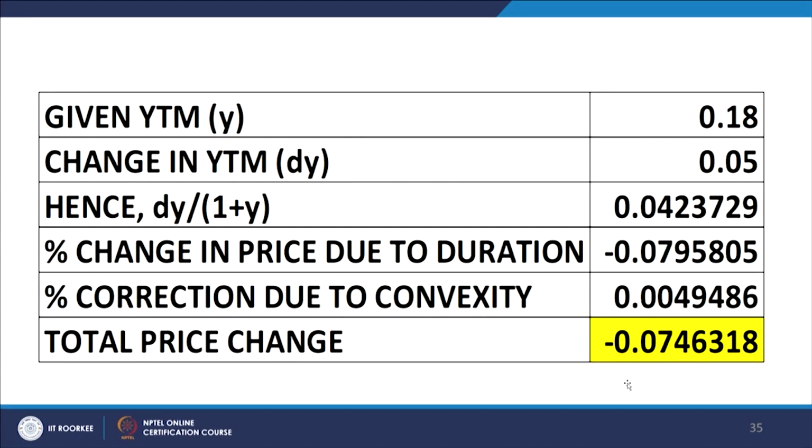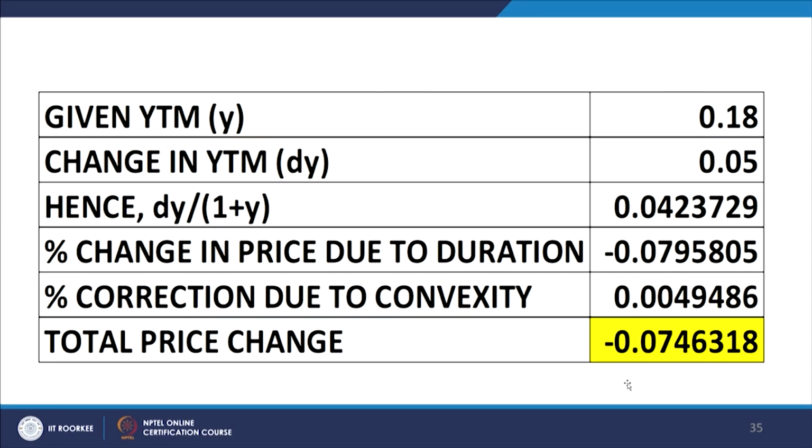The given YTM is 18%, the change in YTM is 5%. So, dy upon 1 plus y is equal to 0.05 divided by 1.18, and that comes to 0.0423. The percentage change in price due to duration is given by minus D into dy upon 1 plus y, which works out to minus 0.795%.